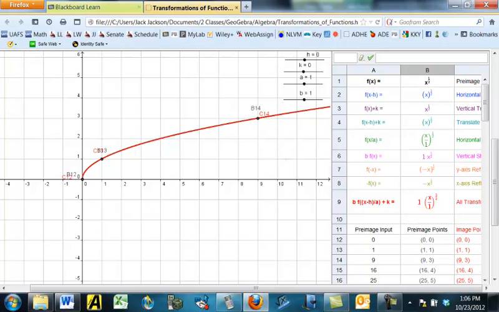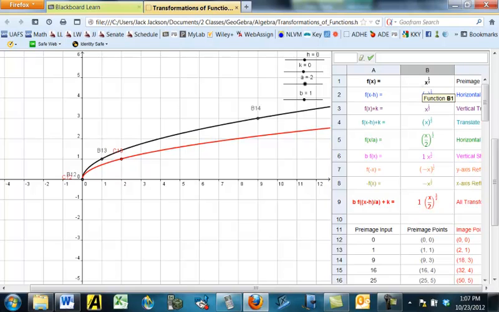Okay? Now, if we change the a value, let's change it to 2. Now everything is twice as far from the y-axis. I ended up doubling the x value, so it's twice as far from the y-axis. So notice where we started with the square root of x function.